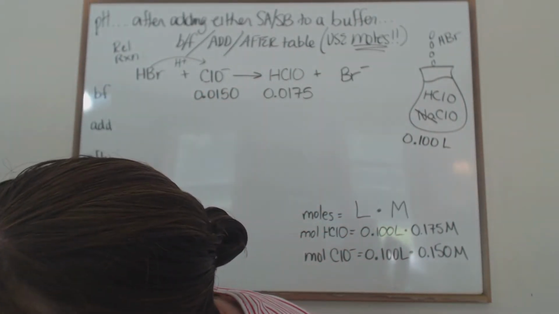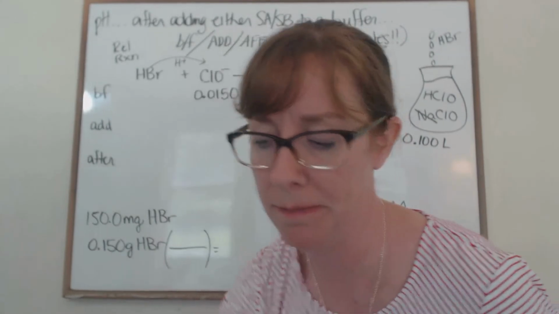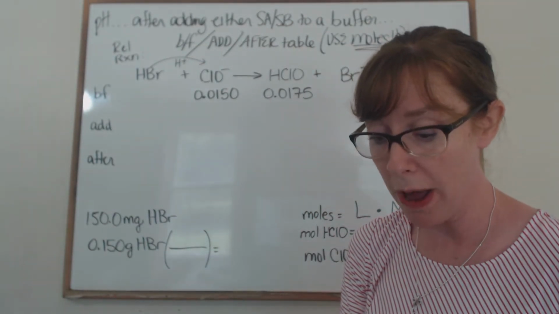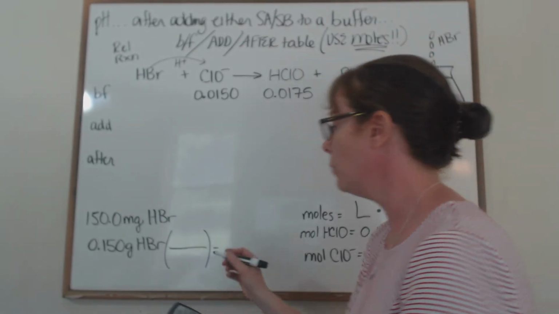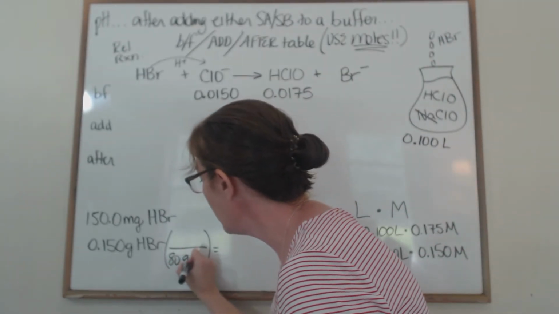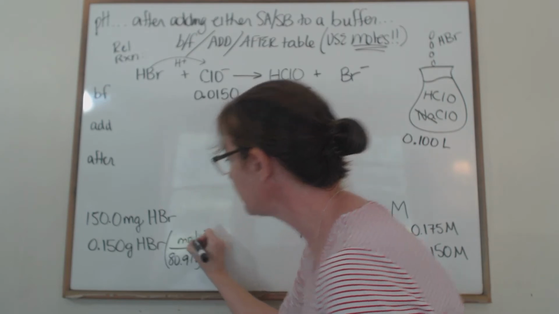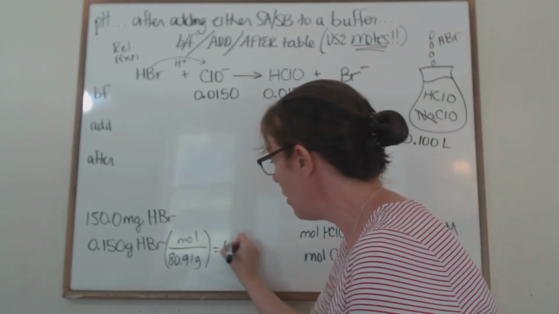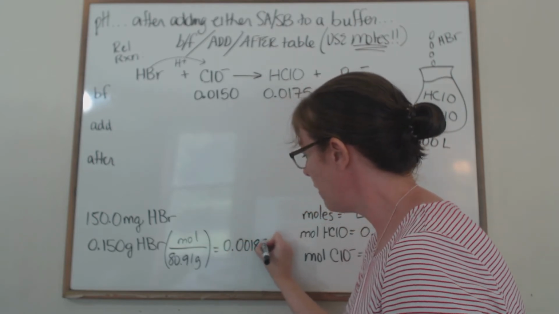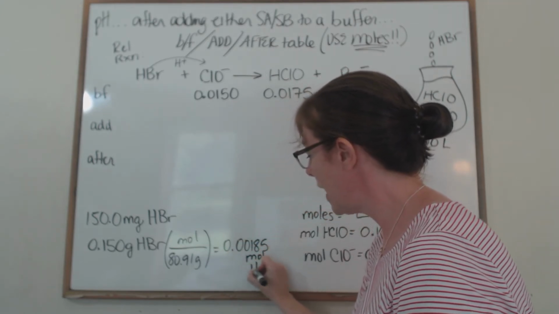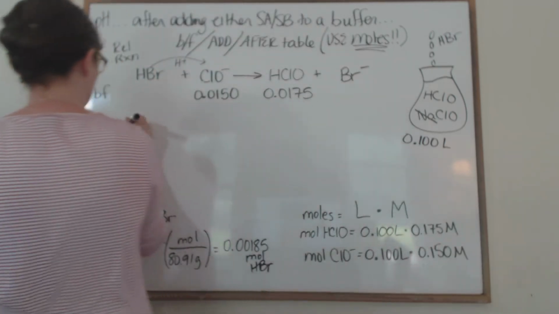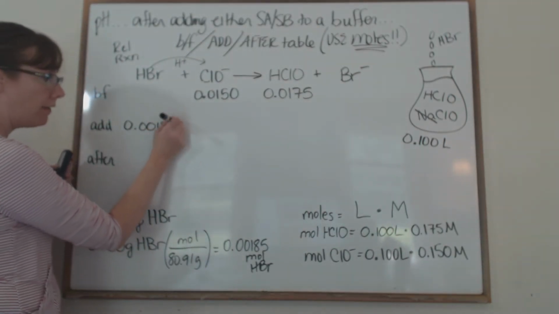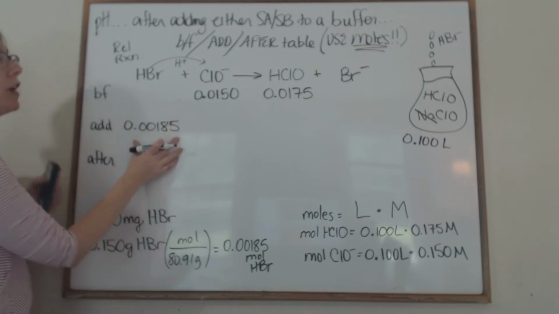So HBr, Br is 79.9 and H is 1.01, so 80.91 grams per mole. So 0.00185 moles of HBr is how much you're adding.